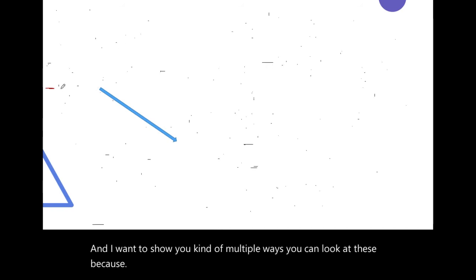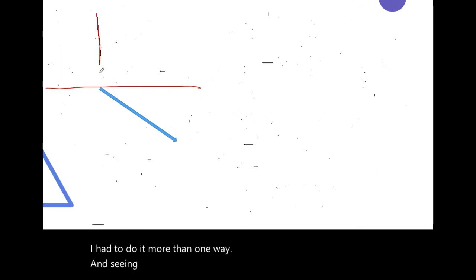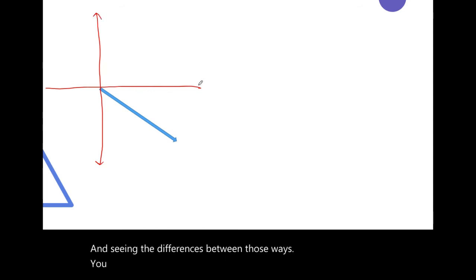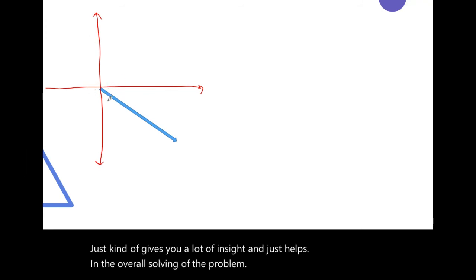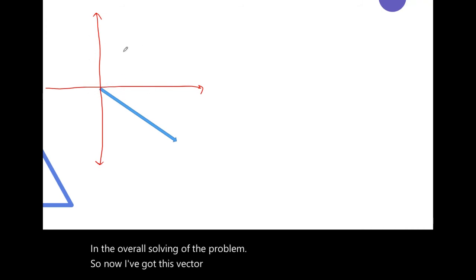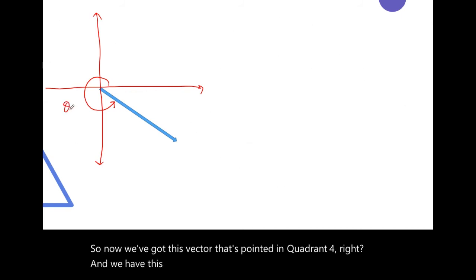I want to show you multiple ways you can look at these because knowing how to do it more than one way and seeing the differences between those ways gives you a lot of insight and helps in the overall solving of the problem. So now I've got this vector that's pointed in quadrant 4, right? And we have this angle.